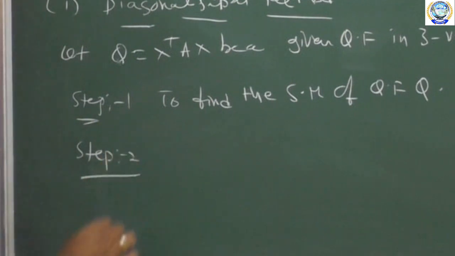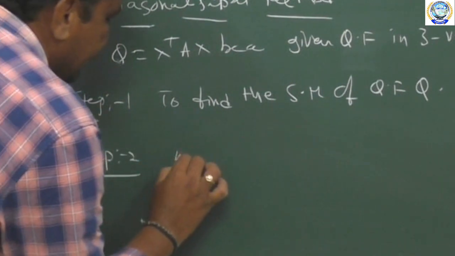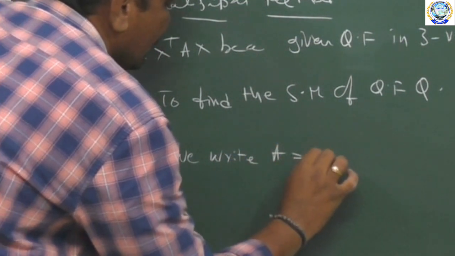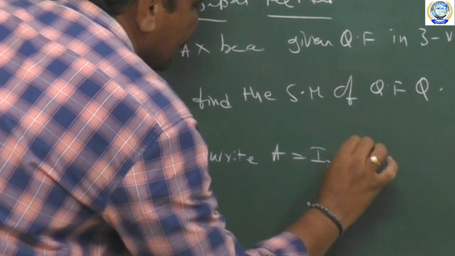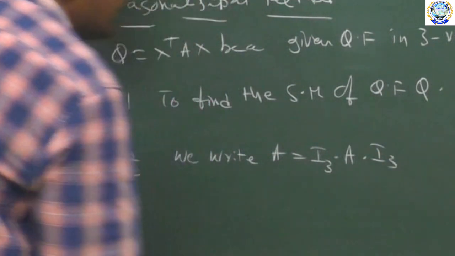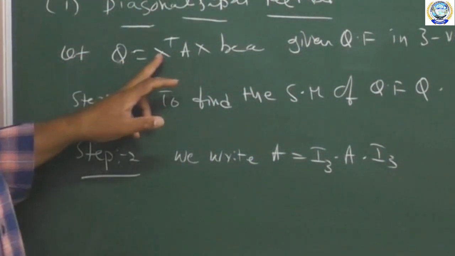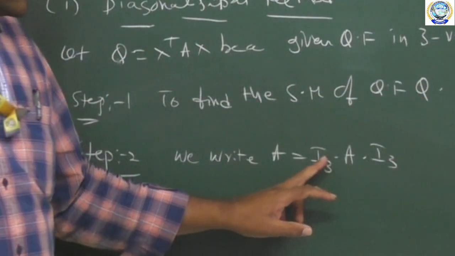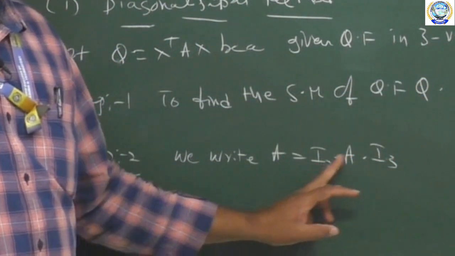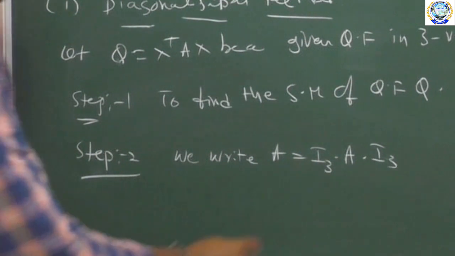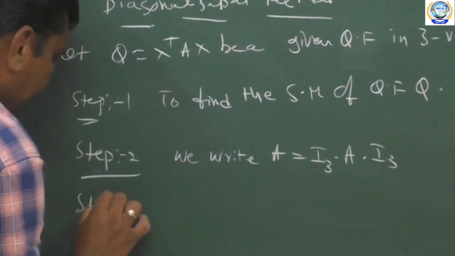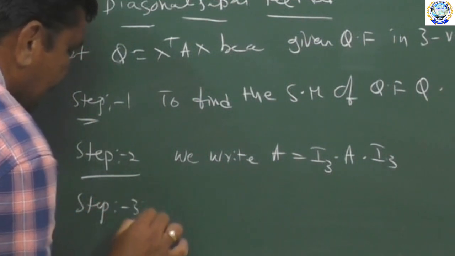In step 2, we write A is equal to I3 into A into I3. Here, the given quadratic form has three variables, so we take the third order identity matrix, where I3 is an identity matrix of order 3. Next, we will go to step 3.